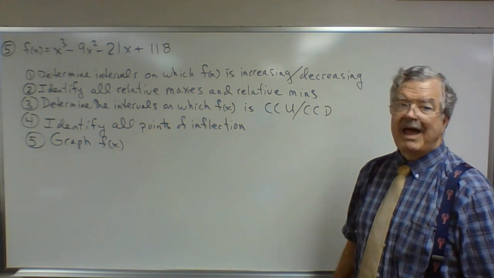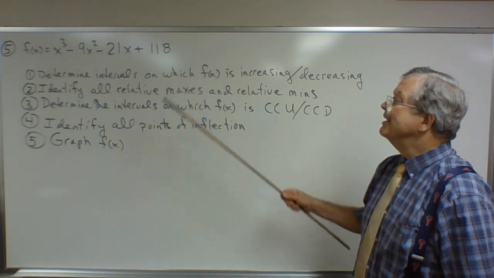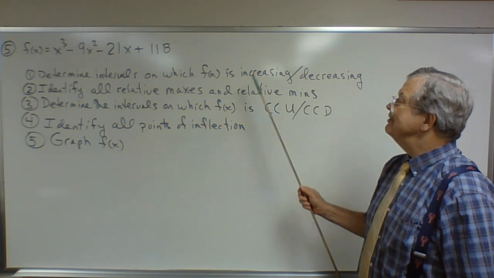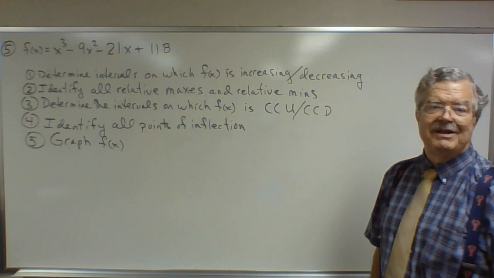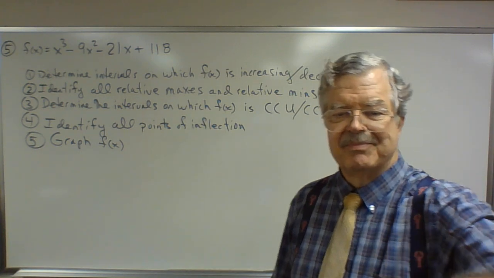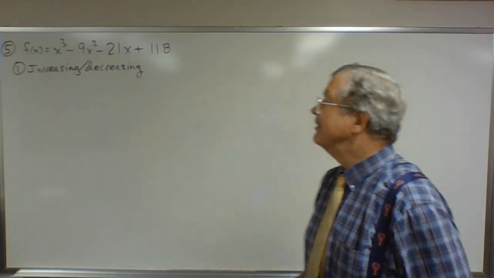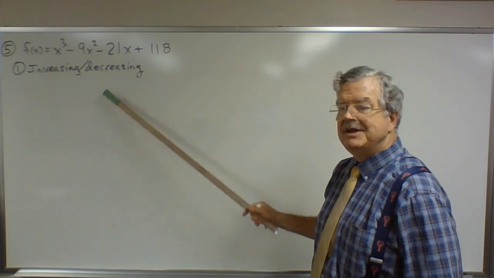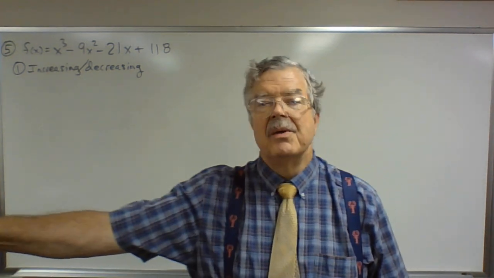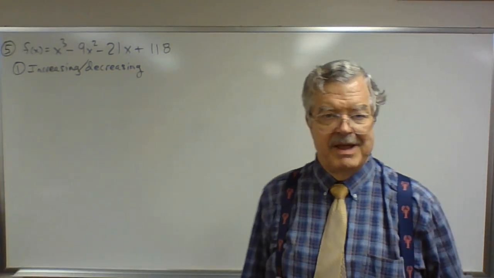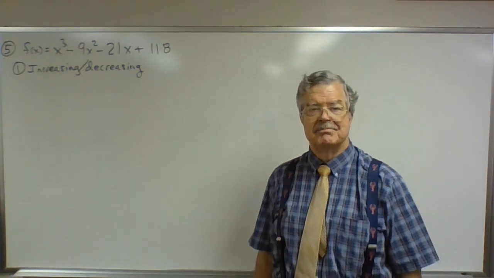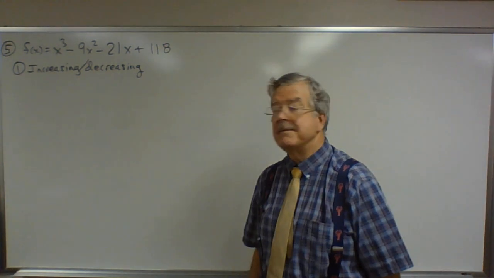First thing, after I erase the board, find the intervals on which f of x is increasing and decreasing. Increasing and decreasing. Where does that information come from? First derivative, right?